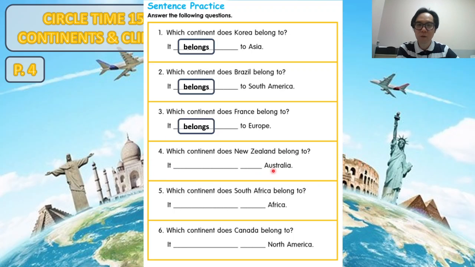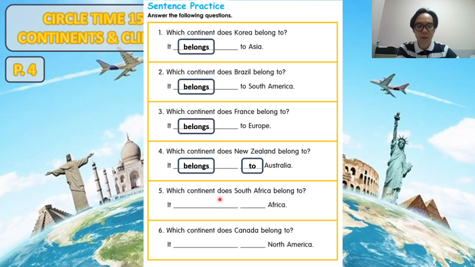Oh no, there's 2 blanks this time. So we know it belongs. It belongs Australia? Nope. It belongs to Australia.